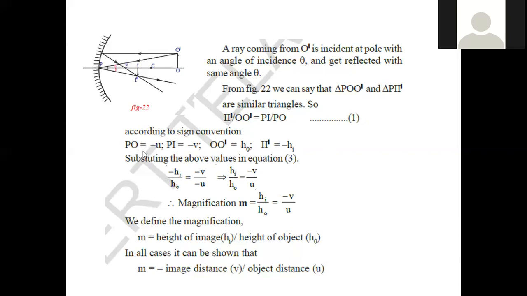I'm repeating one more time: PO, pole to object, is minus u. Pole to image is minus v. OO' is the height of the object. I'I is the height of the image, but since it is inverted, a negative sign is given.